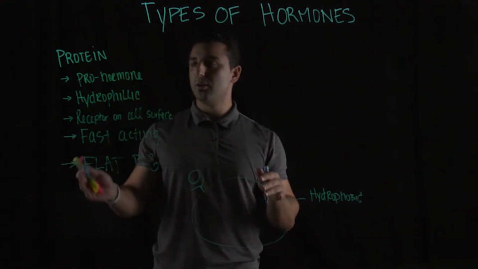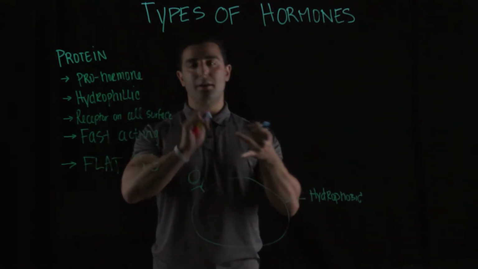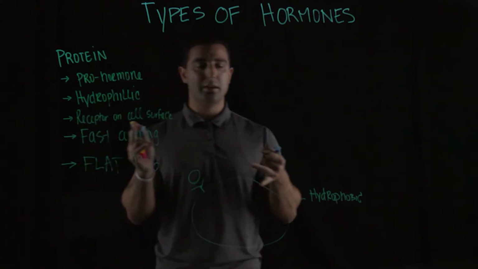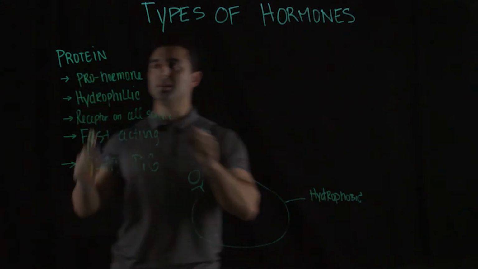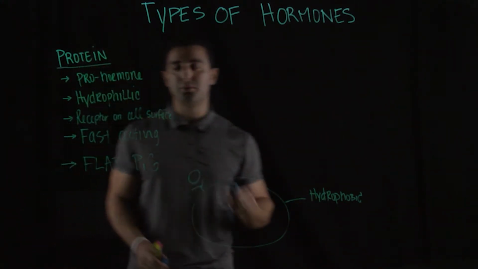These are all hormones of the endocrine system, but there are many, many more. Oxytocin, antidiuretic hormone. What else can we think about here? Insulin, glucagon, somatostatin. These are all hormones that are derived from proteins.